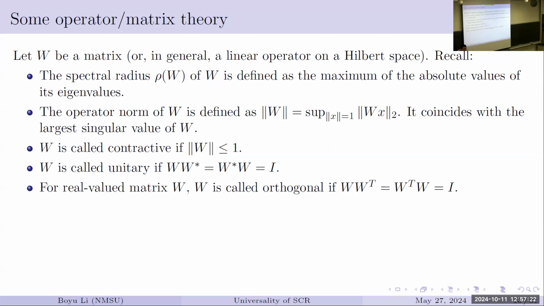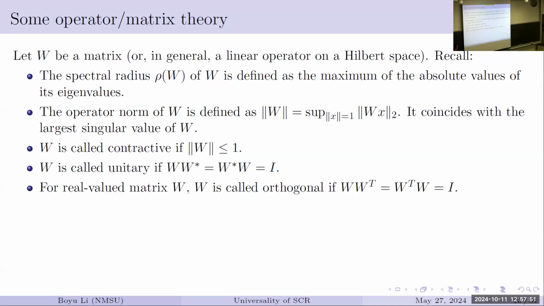If you have a matrix, or in general, if you have an operator on Hilbert space, then the spectral radius is basically the maximum of the absolute value of the eigenvalues, or if you are a linear operator, the supremum of the spectrum. For the operator norm, there are several ways of doing it. You can treat it as the operator from L2 to L2. Or you can say, when you have a matrix, the matrix has singular values.